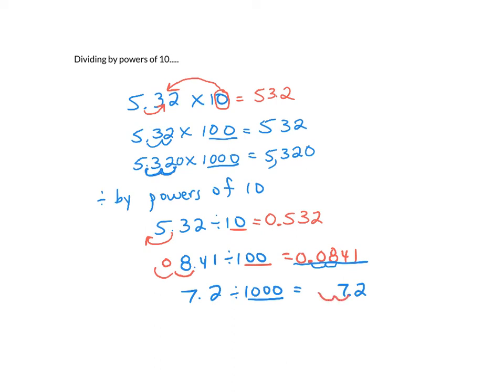In order to move it another spot, I have to put a 0. In order to move it another spot, I have to put another 0. So my final answer is 0.0072 because I moved it 3 spots. 1, 2, 3. Once again, I might write it as 0.0072 just so I have that leading 0, which sometimes makes it easier to see.